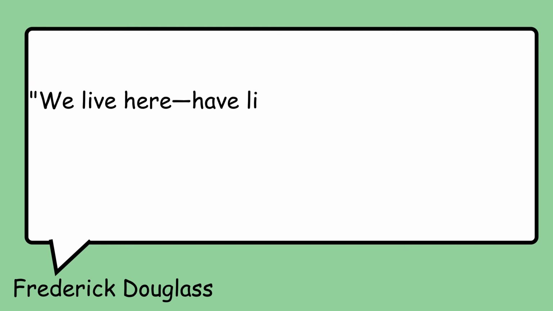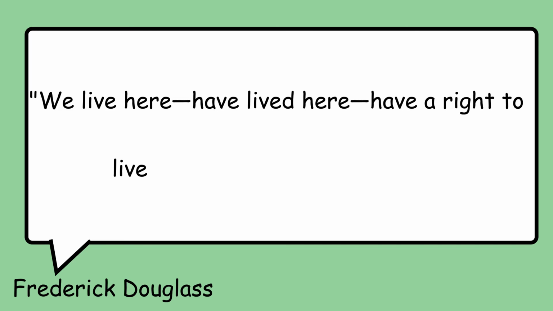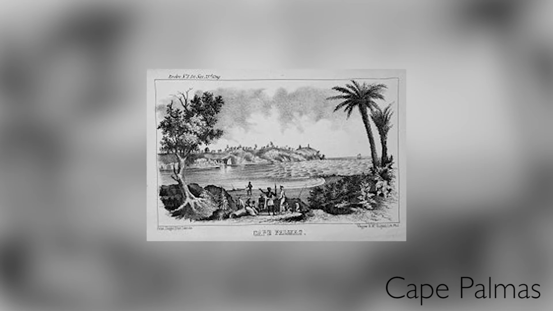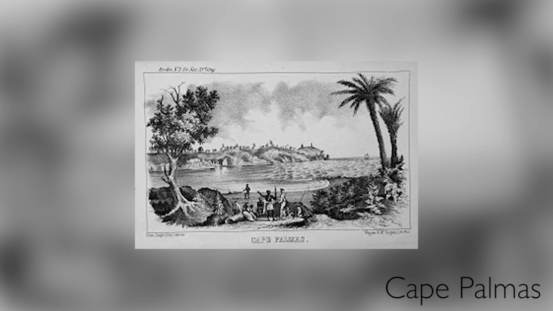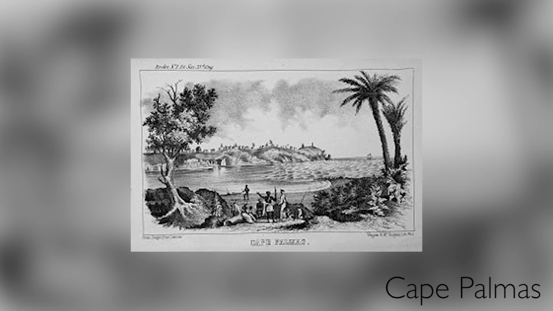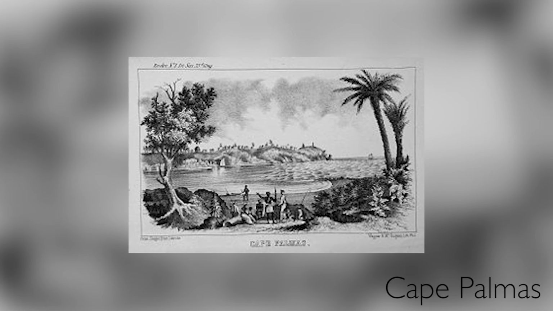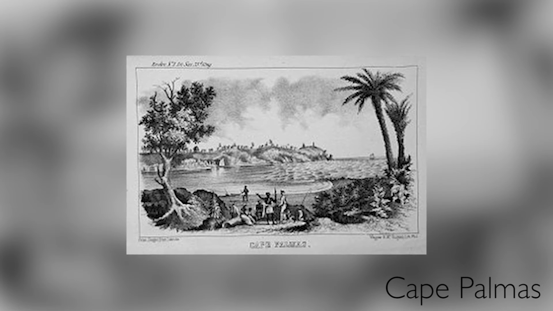"We live here, have lived here, have a right to live here, and mean to live here." Nevertheless, some African Americans did indeed take the journey to Maryland in Africa, which was situated at Cape Palmas in the south of Liberia, near the modern-day border with Côte d'Ivoire, with the main settlement being Harper.